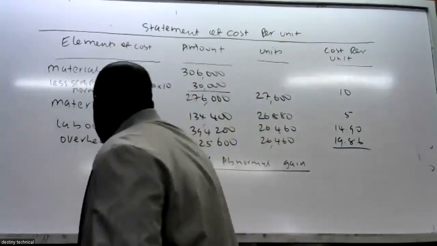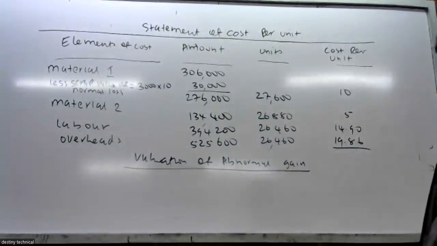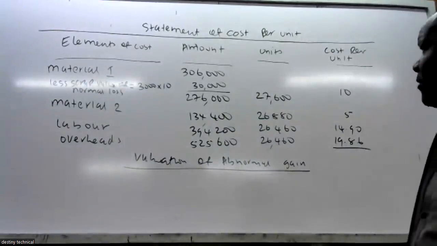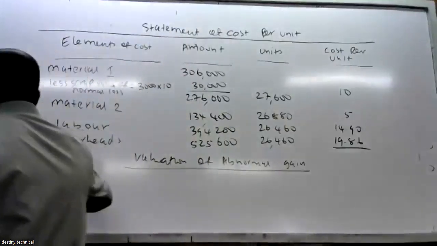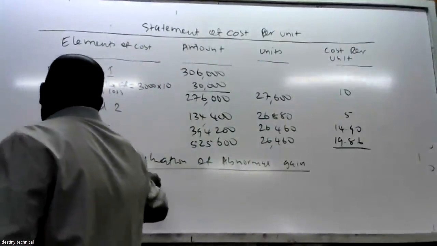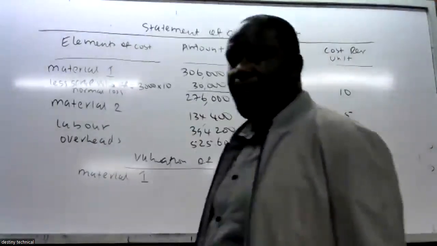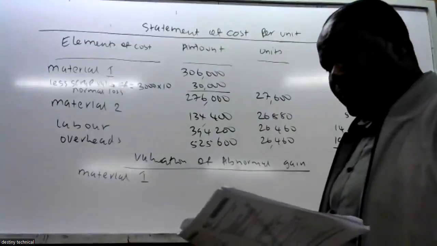We shall start off with the valuation of abnormal gain. So when it comes to valuation of abnormal gain, start off with material 1.